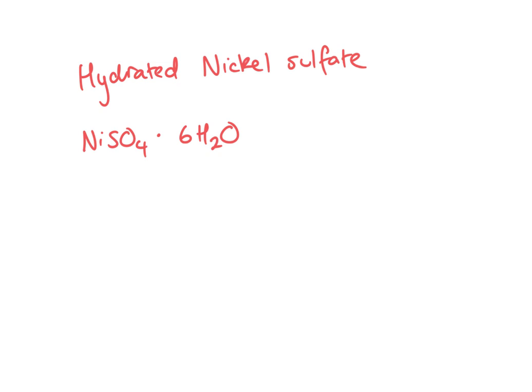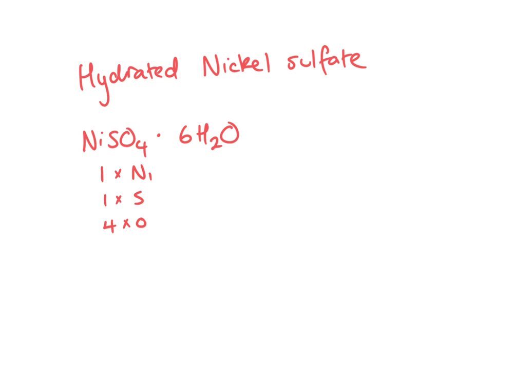So for example, looking at the periodic table, in that complex there's 1 nickel, there is 1 sulfur, there are 4 oxygens in that nickel sulfate, and then we need to include the 6H2O as well.